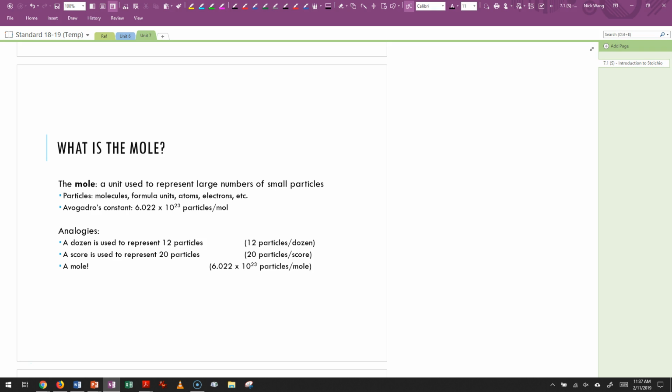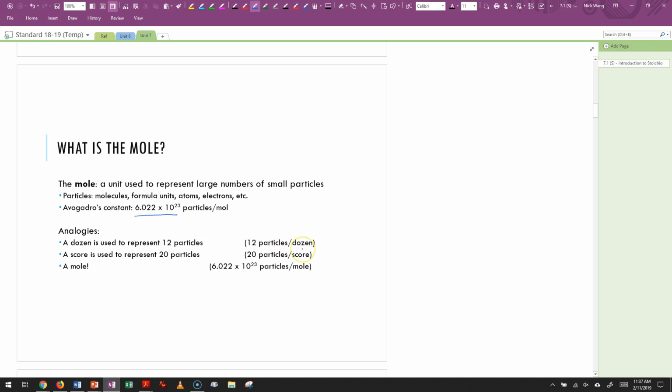Don't forget also that there is this number associated with the definition of the mole, known as Avogadro's number or Avogadro's constant, and we're looking at 6.022 times 10 to the 23 particles per 1 mole. In case you need a refresher on exactly what the mole is, there are a couple analogies down here that you can use. First of all, a dozen is used to represent 12 particles, so you say 12 particles per dozen.